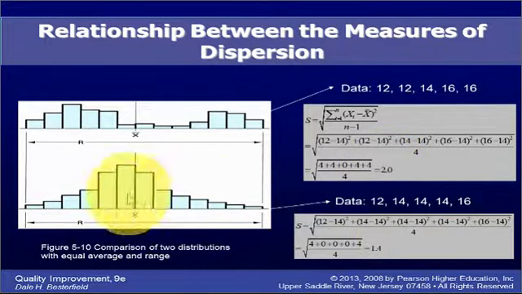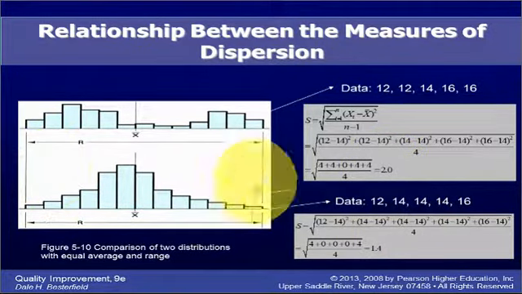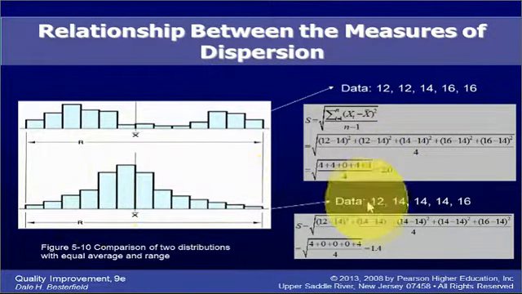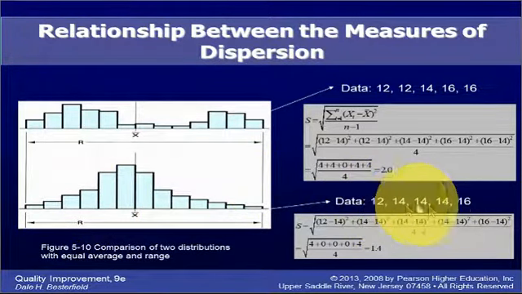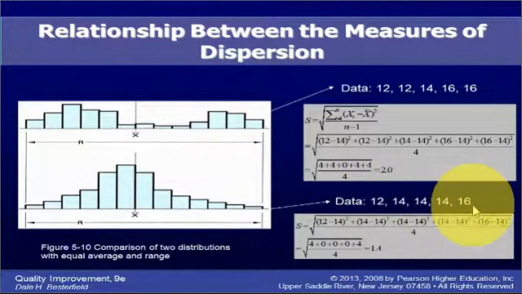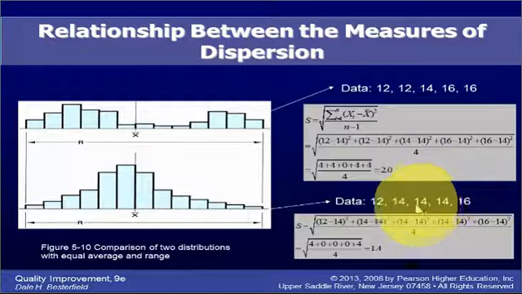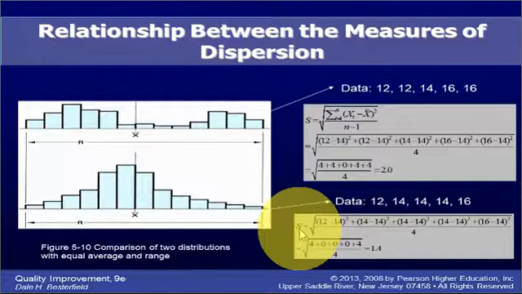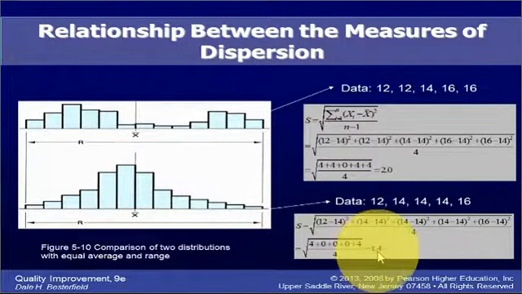Now, as an example of this kind of data set, we have 12, 14, 14, 14, and 16. The mean, the average, is still 14, and the range is still 4, 16 minus 12. But the standard deviation is smaller, it's only 1.4.